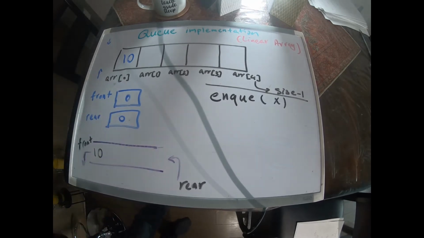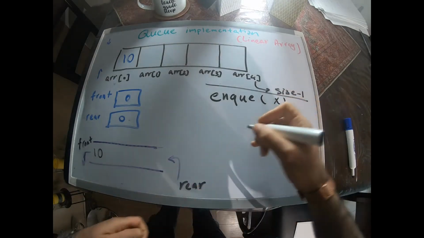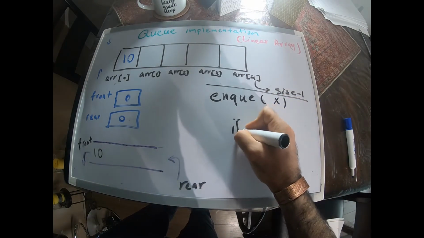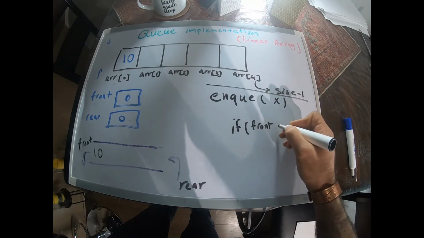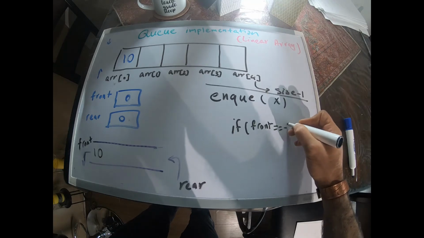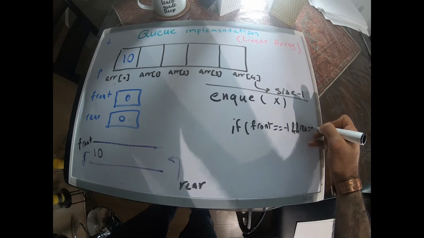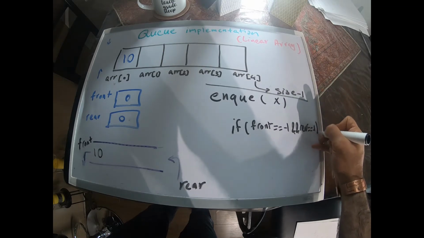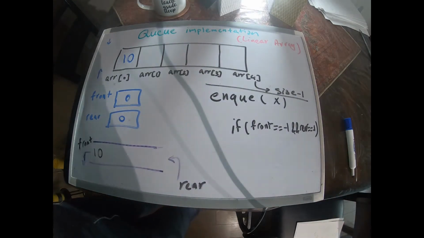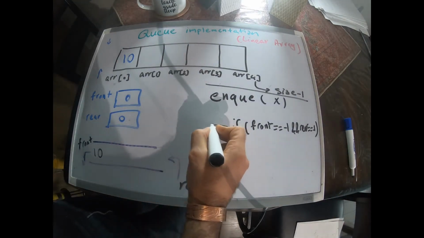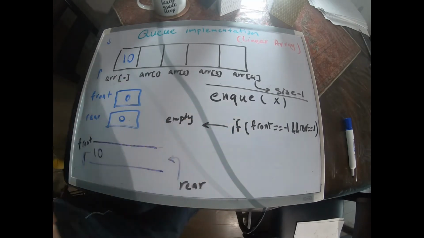So this is the first thing that we have to write here. So if front is equal to -1 and rear is equal to -1, this is gonna mean that our queue is empty, right?